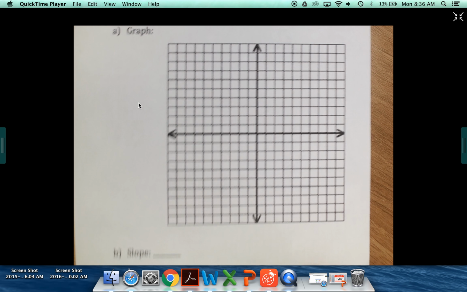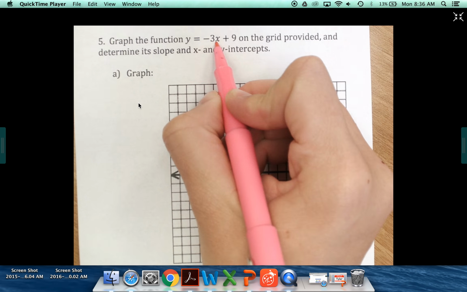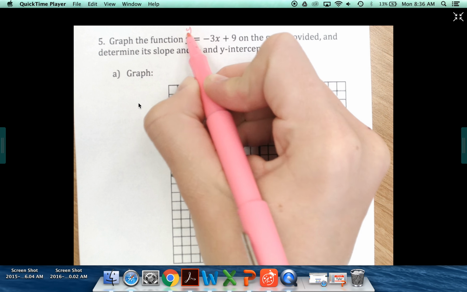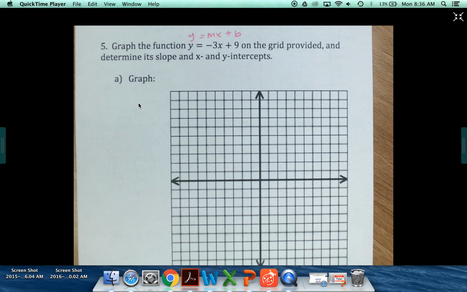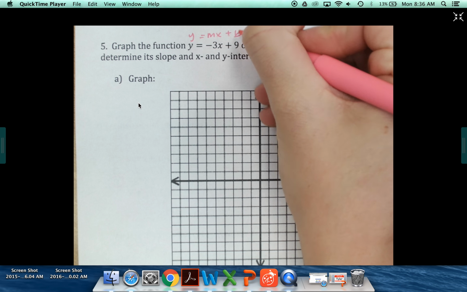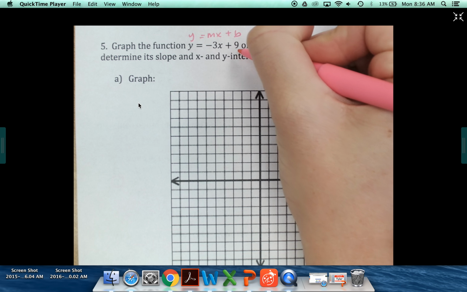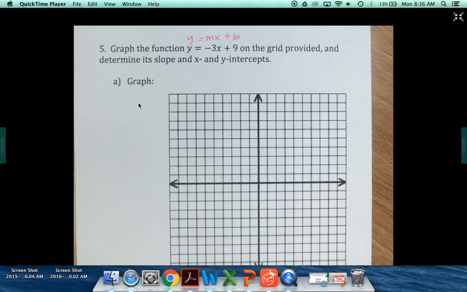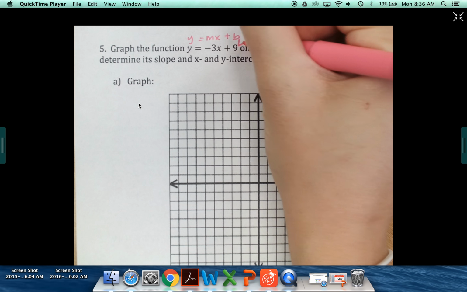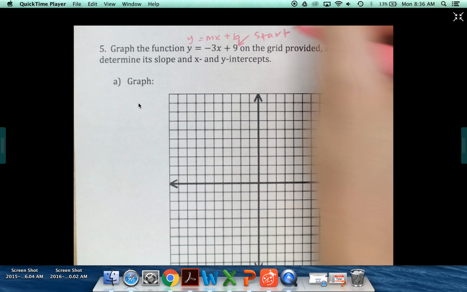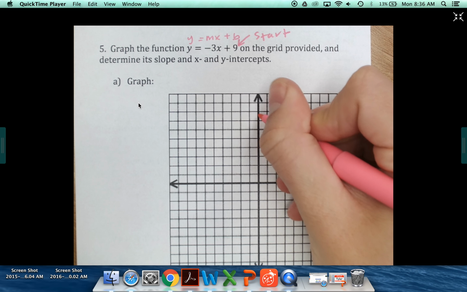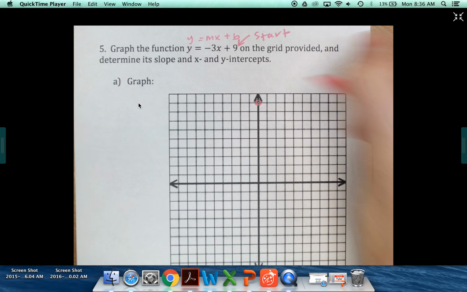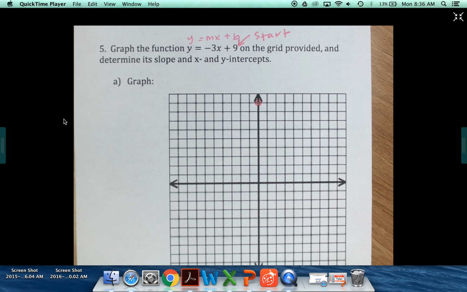Number 5. Our function y equals -3x plus 9. This is given to us in mx plus b. So this number on the end without the x is our y-intercept. That's at 9. Remember, this is also where we start: 1, 2, 3, 4, 5, 6, 7, 8, 9.